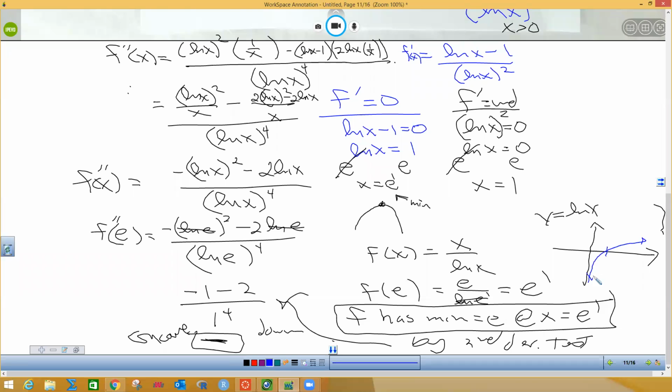So for natural log of x, you're supposed to know the domain is 0 to infinity, not including 0. Sometimes they give you the interval, but if they don't give you an interval and it doesn't have a domain restriction, then you're supposed to assume it's from negative infinity to infinity.